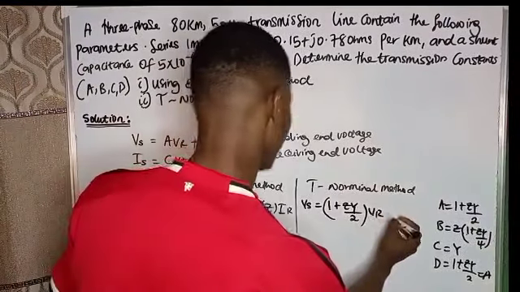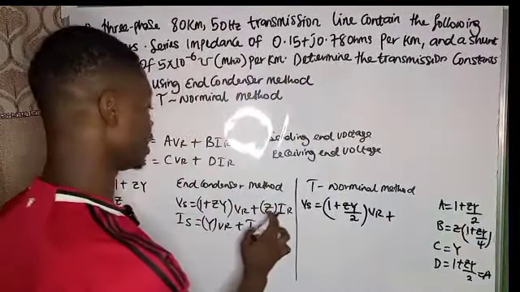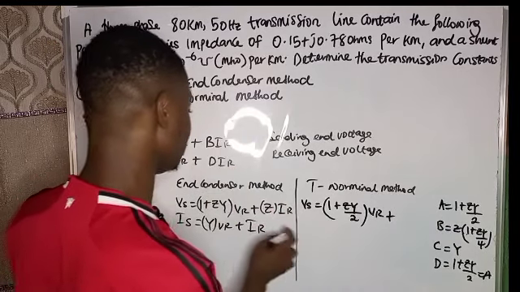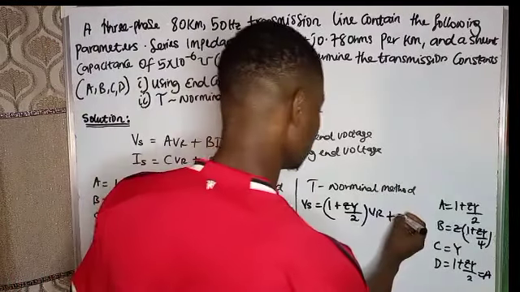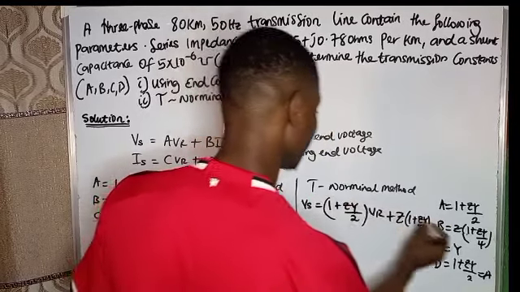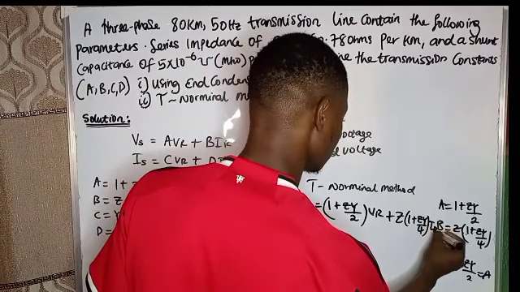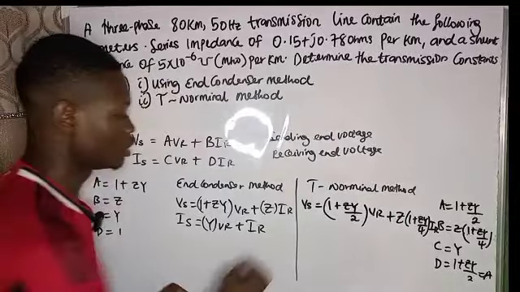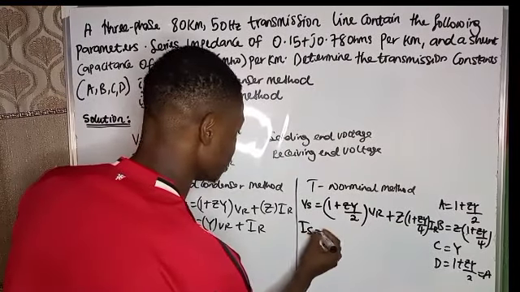So plus our B, which is Z parentheses 1 plus Zy all over 4, times IR.